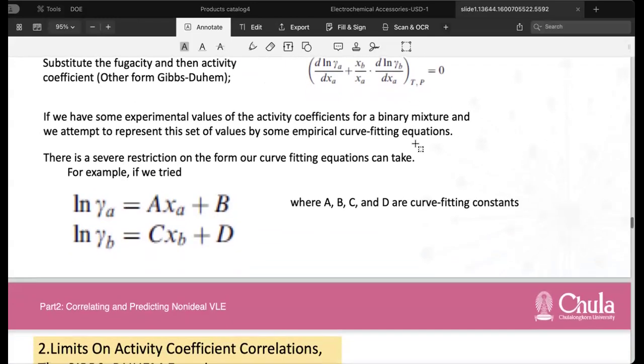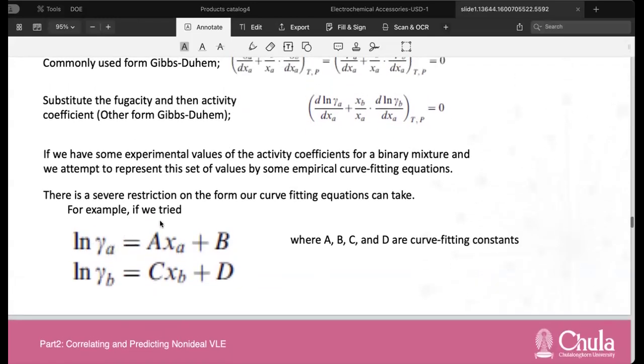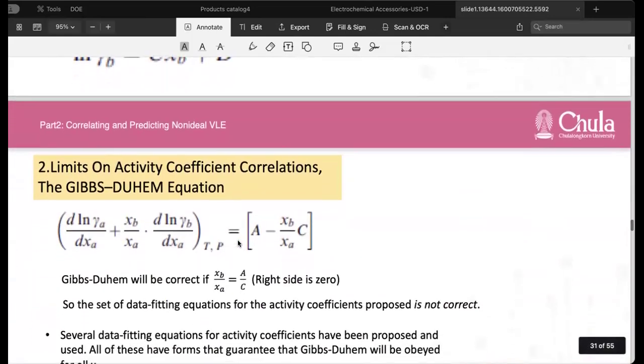So let us check. You have log gamma A, and you take the derivative with respect to xa. And log gamma B, take the derivative with respect to xa also. No worry, xb is 1 minus xa. Once we do that, we obtain this equation.